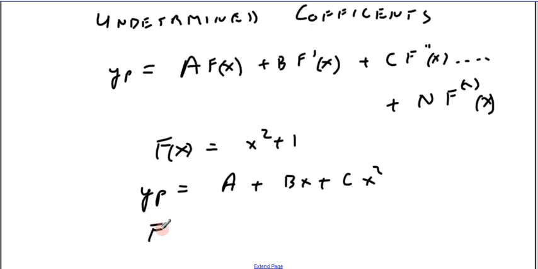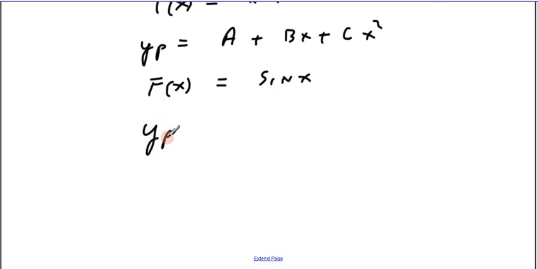And if my forcing function was sine x, then my y sub p would look like a cosine x plus b sine x, and I would have to solve for my a, b's and c's, and that's how I'm going to get the coefficients to be undetermined.